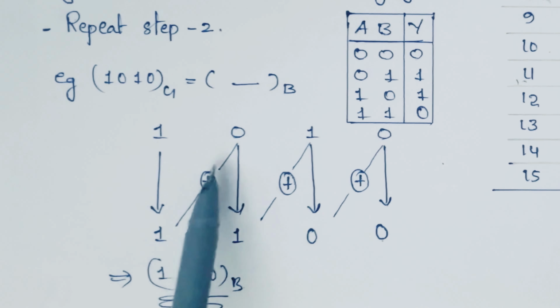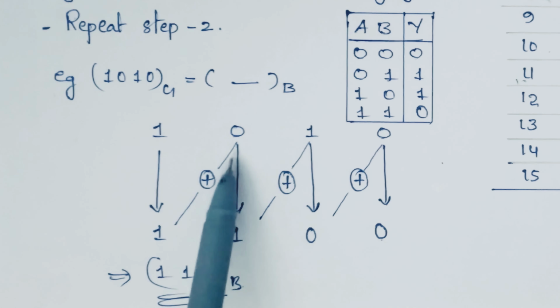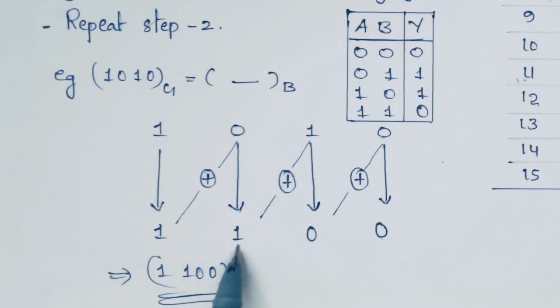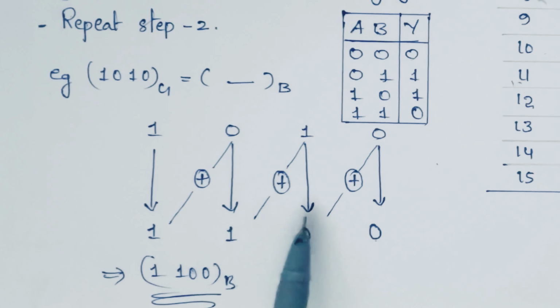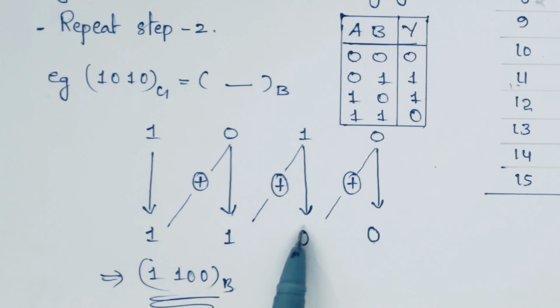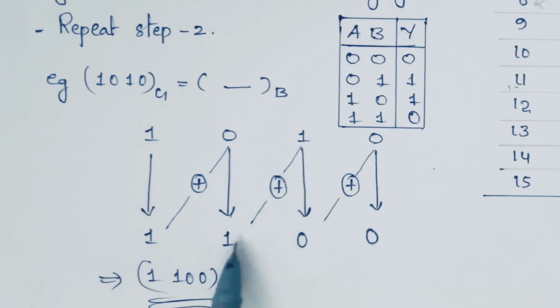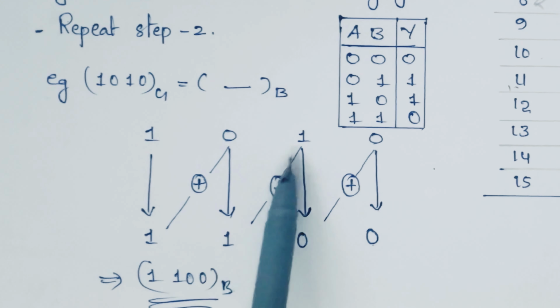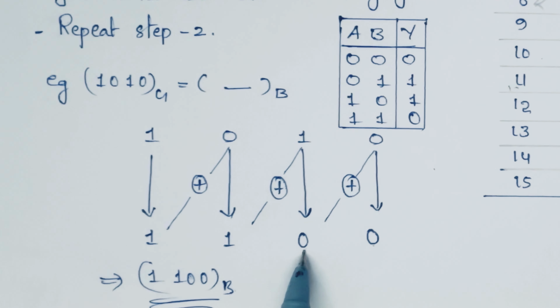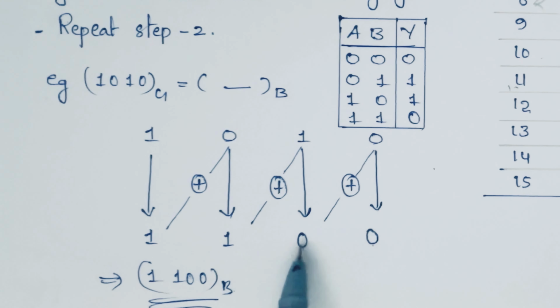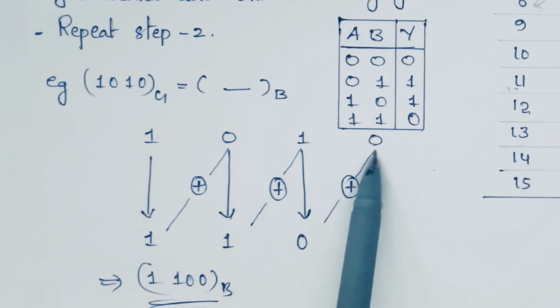That means 1 XOR 0. What is 1 XOR 0? 1, which we write here. That is the next binary bit. Now the next binary bit we get by the XOR operation of this bit written down with the next Gray bit. That means 1 XOR 1, which is 0. We got the next binary bit. Now for the next bit, XOR operation of this 0 with the next Gray bit.